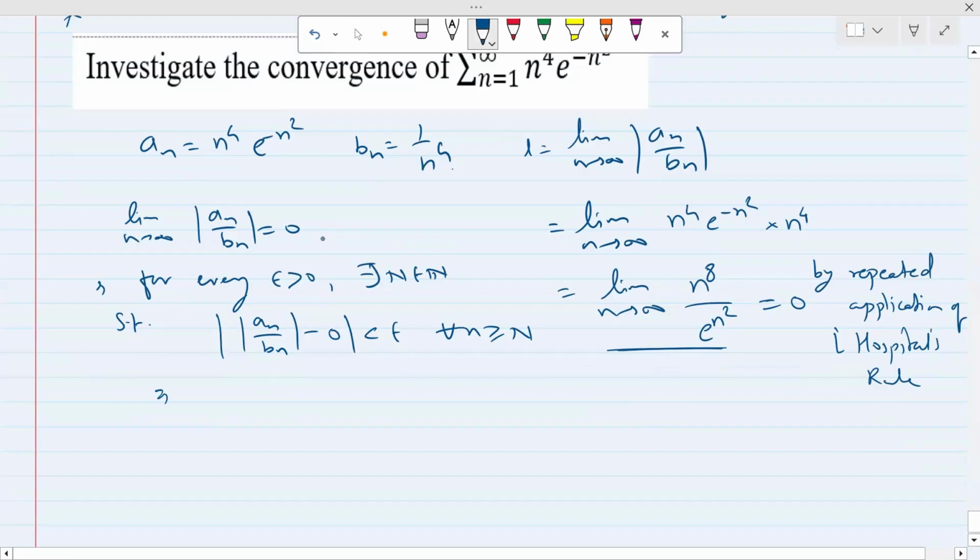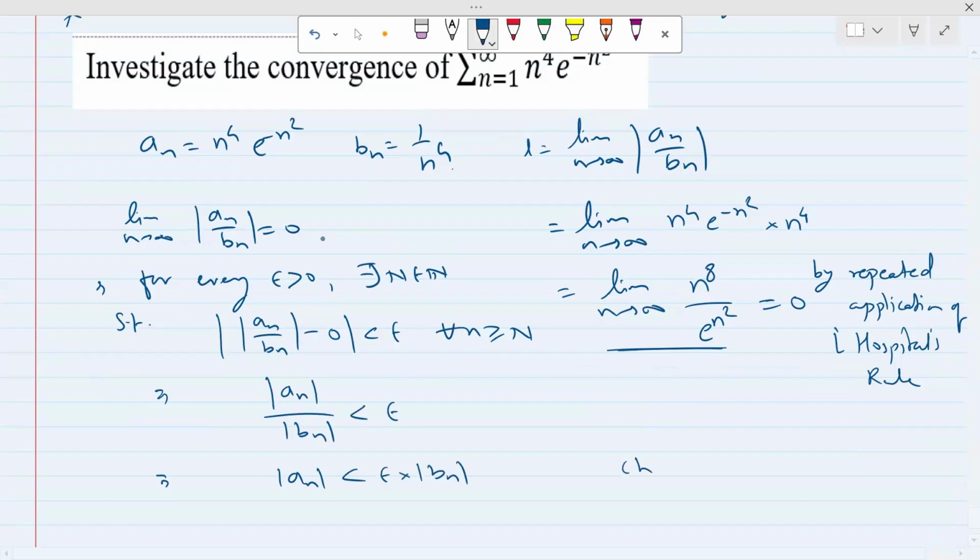This implies mod of an upon mod of bn is less than epsilon. This implies mod of an is less than epsilon times mod bn. So choose epsilon as 1, because it is true for any epsilon. In particular, it's also true for epsilon equal to 1.